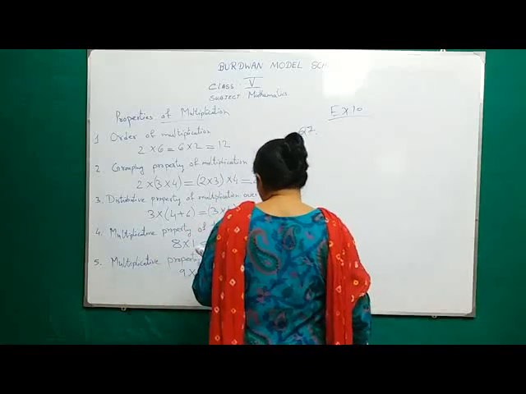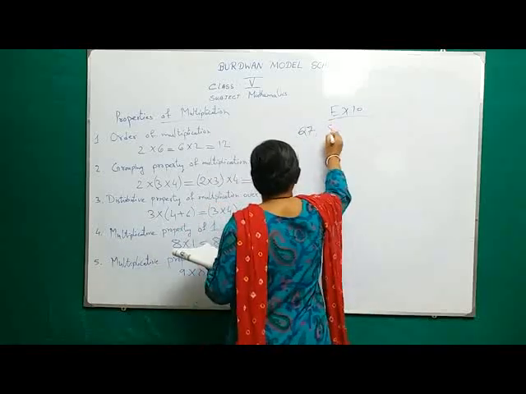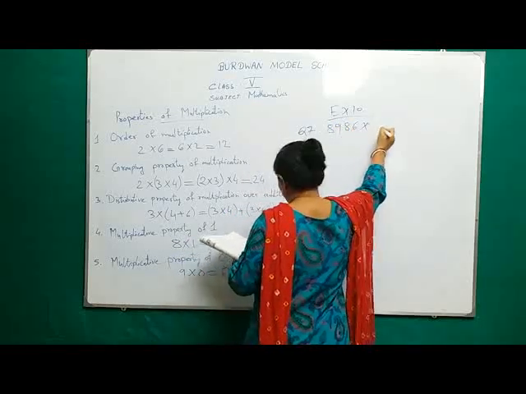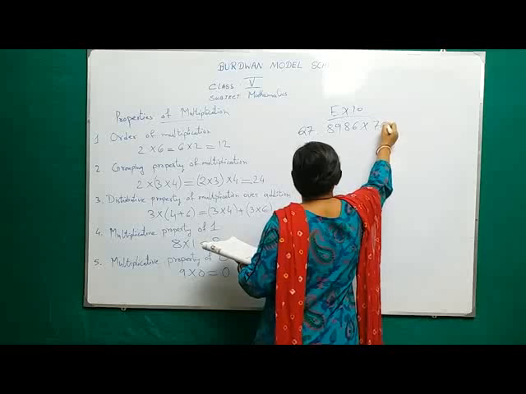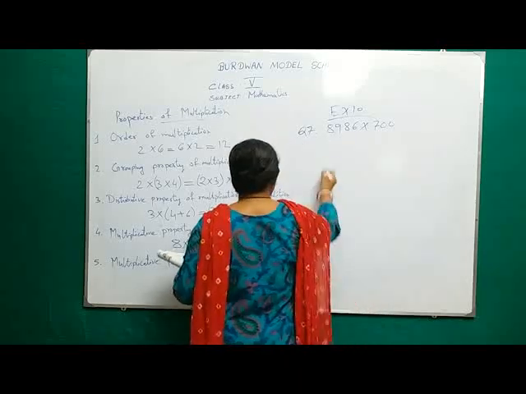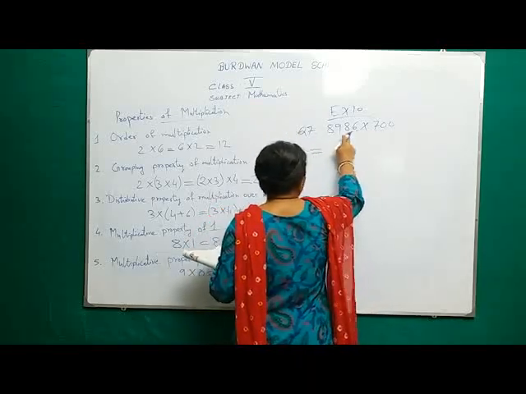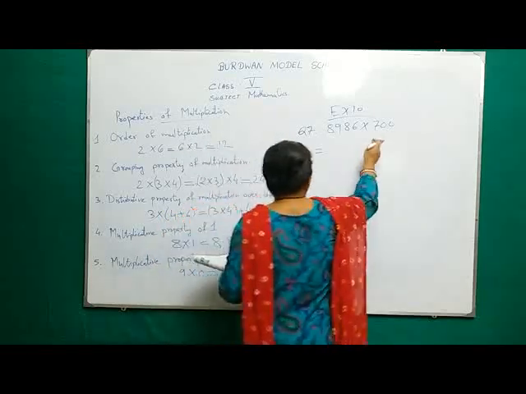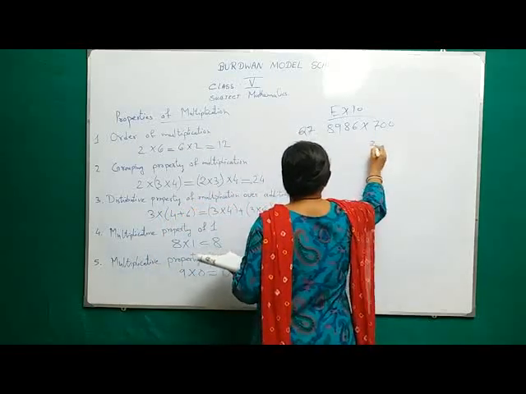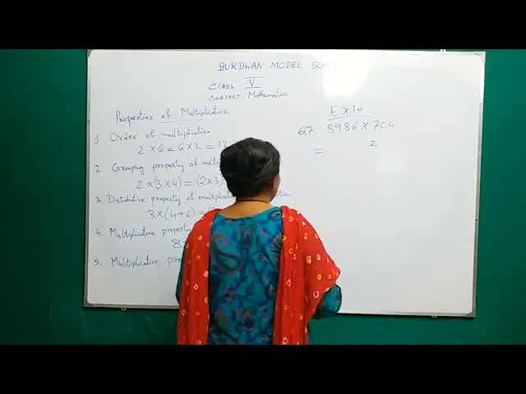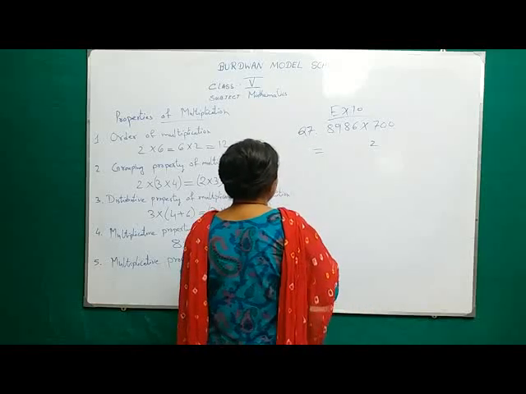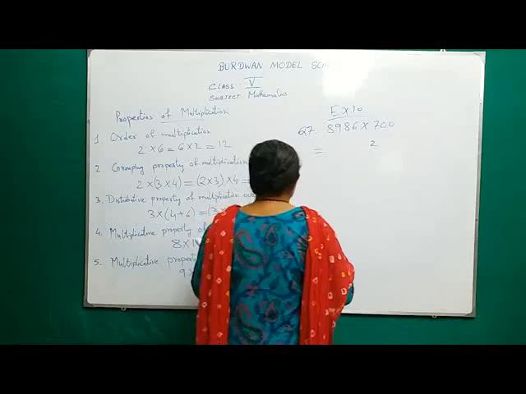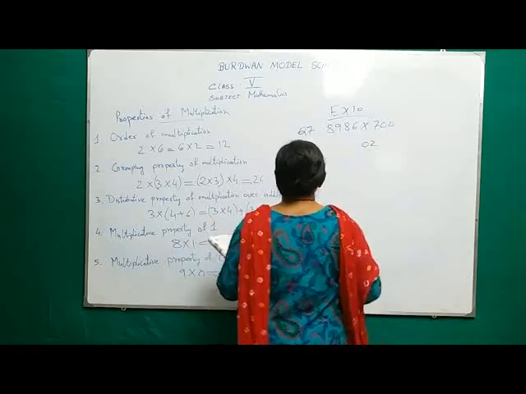See, in question number 7, it is given 8986 into 700. So you just multiply this number with 7, and at the last you add the zeros. Okay, let's start. 7 6s are 42, carry 4. Then 7 8s are 56, 56 plus 4 is 60, write 0 carry 6.